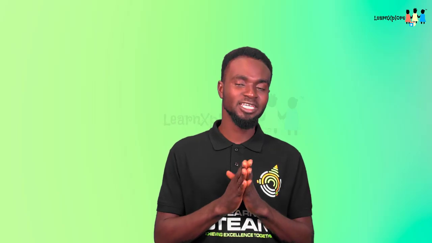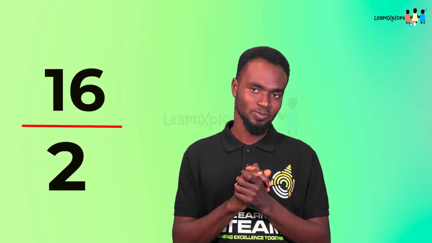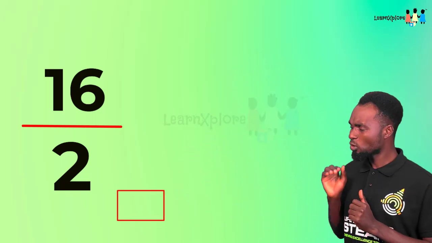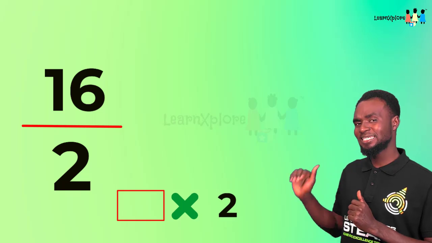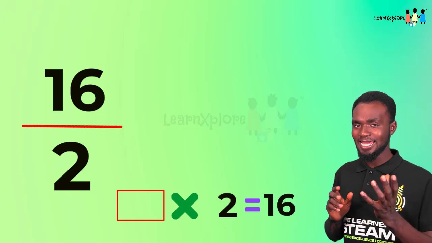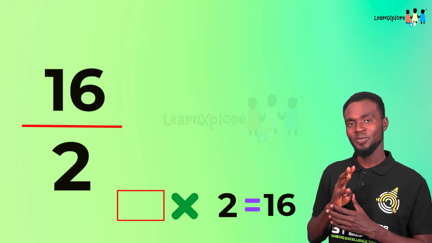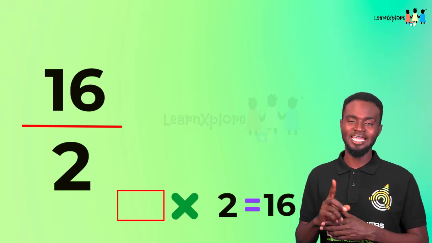Division helps us to inverse what multiplication did. So for example, if you have the number 16 and you want to divide it by 2, you ask yourself, what number was multiplied by 2 that gave us 16? Like in the example I gave you before. You had 4 and you multiplied it by 3 and it gave us 12.